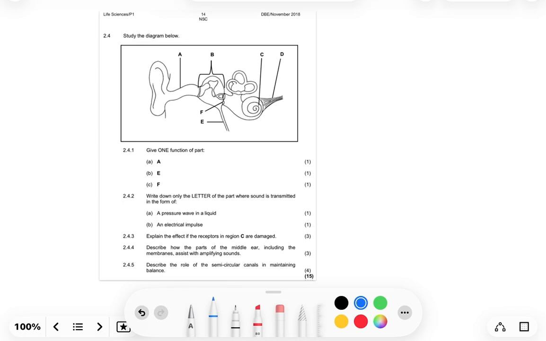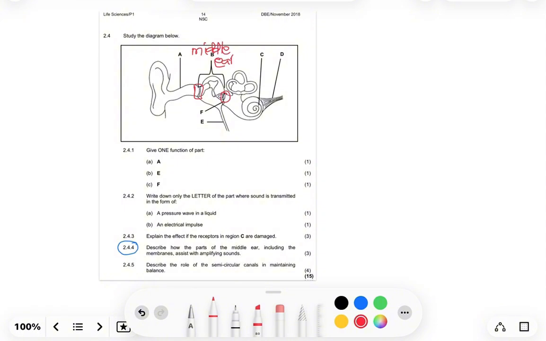All right, so we're now on question 2.4.4. Question 2.4 is asking us to describe how the parts of the middle ear. You remember we labeled this part B, the middle ear. The reason I labeled it as the middle ear is that it includes this part, called the tympanic membrane, and this part, known as the oval window.